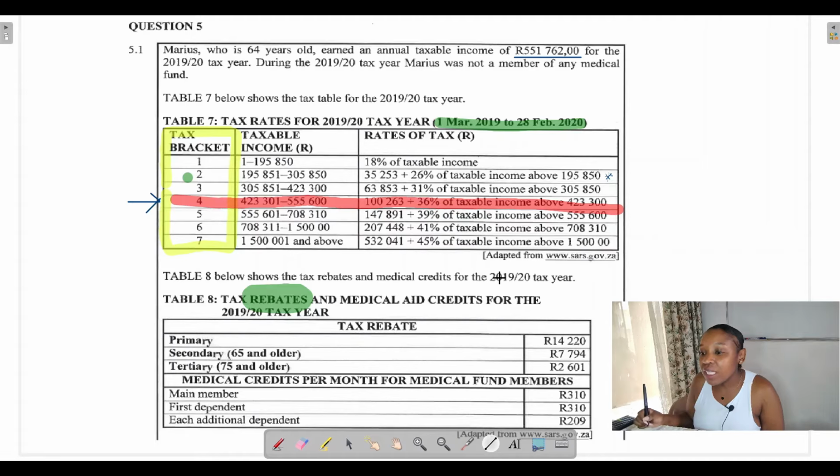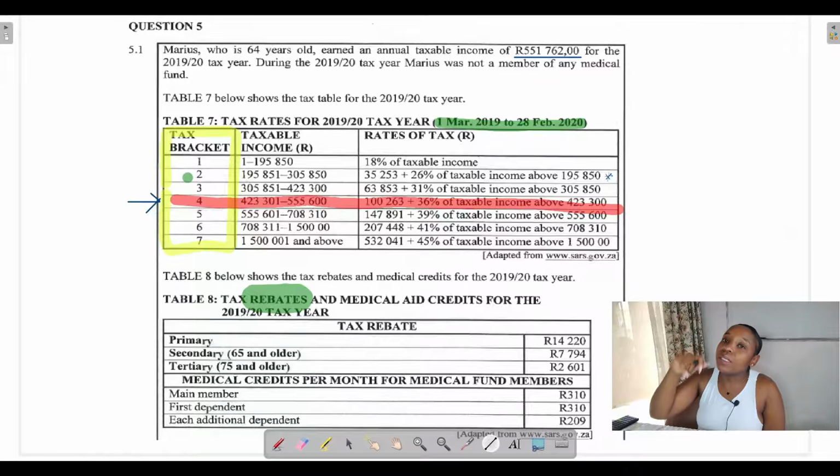So let's have a look. For the tax rebate, we are told that the primary rebate is 14,220. For the secondary, which is a person that is 65 years and older, it is 7,794, and the tertiary, which is a person that is 75 and older, the rebate is 2,601, right?